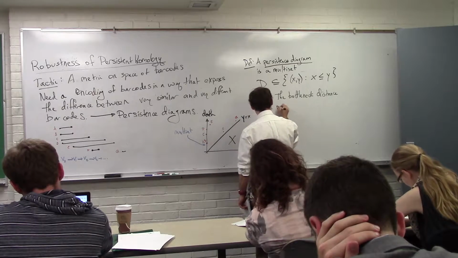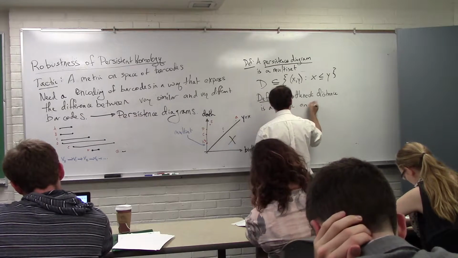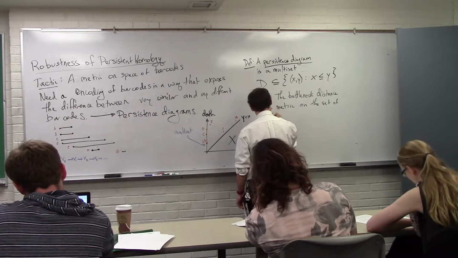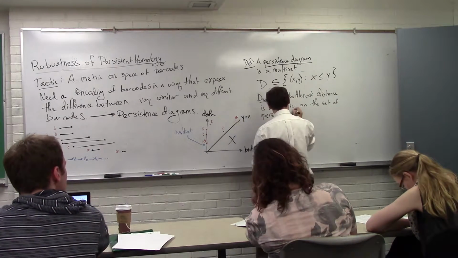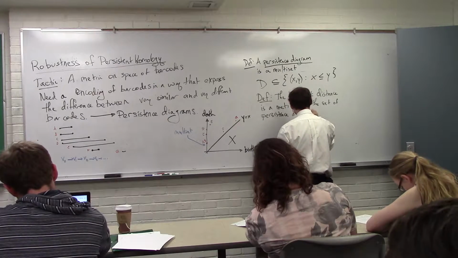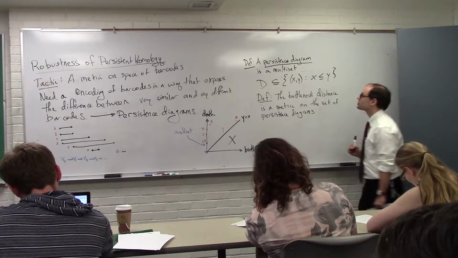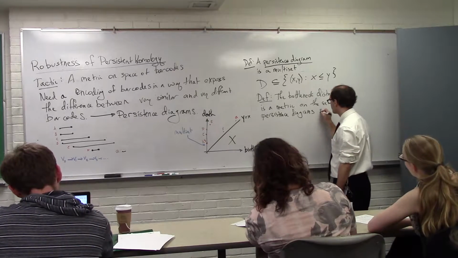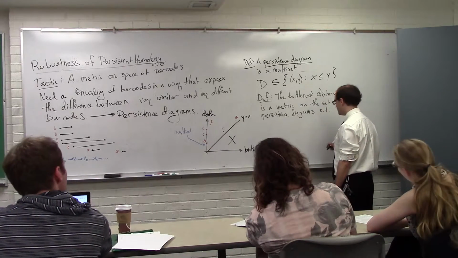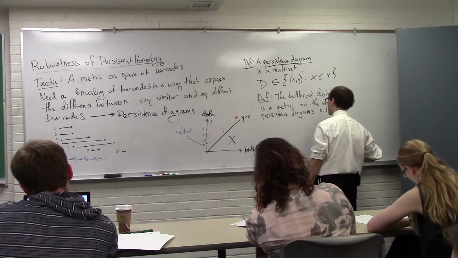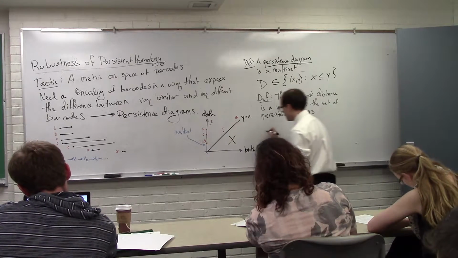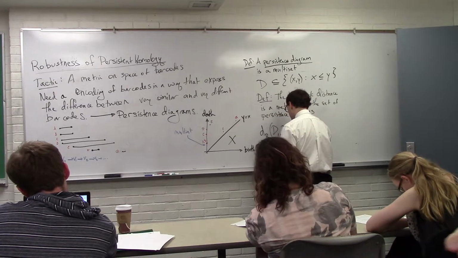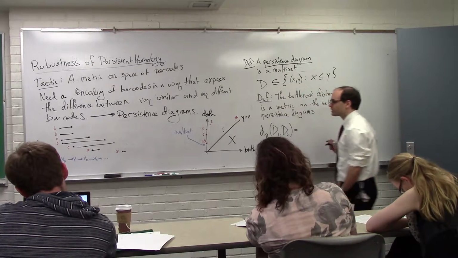Bottleneck distance is a metric on the set of persistence diagrams, these multi-sets, given by an explicit formula. The bottleneck distance between diagram number 1 and diagram number 2 has a very particular form.